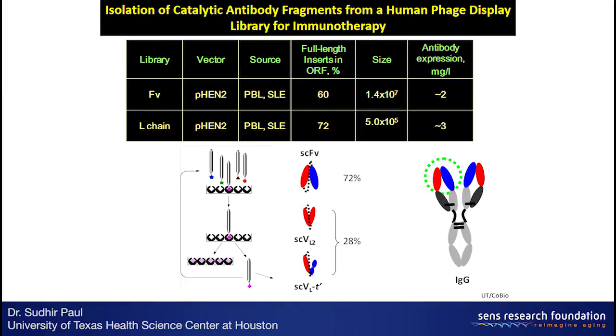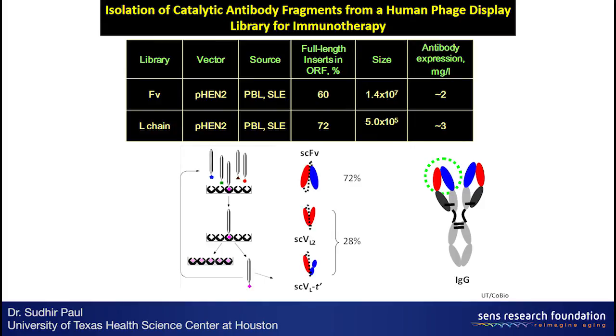The difference between these types of molecules is that we have a VH domain shown in blue. This is the variable domain from the heavy chain, and then a VL domain shown in red.